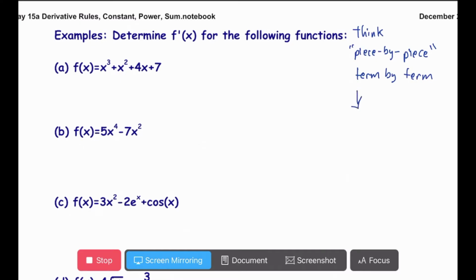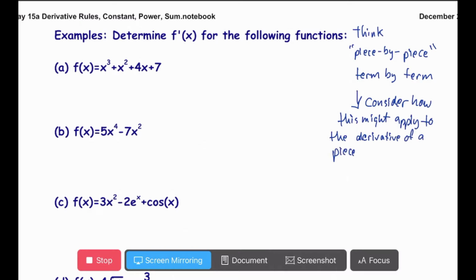And we could also extend this and consider how this might apply to the derivative of a piecewise function. And let's start with that example first, actually.